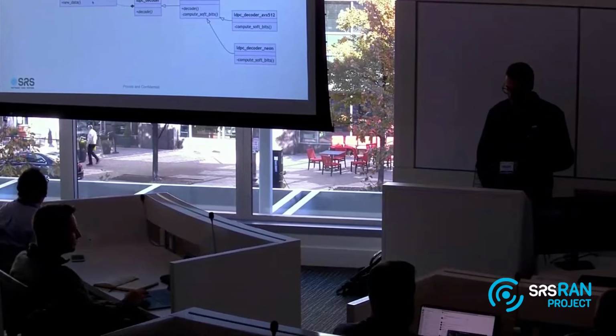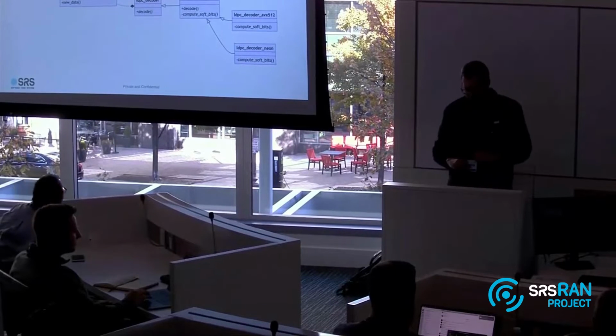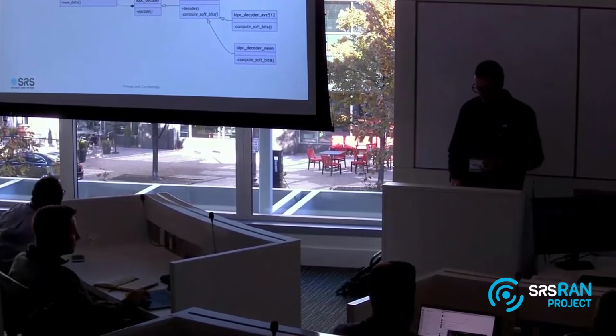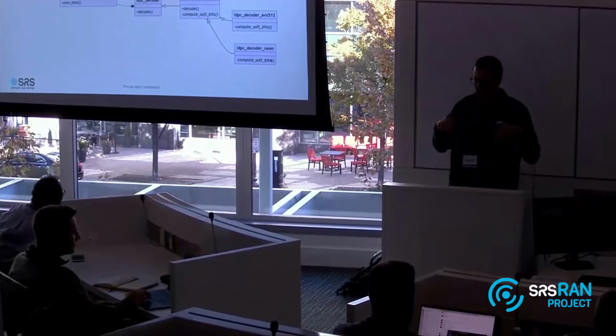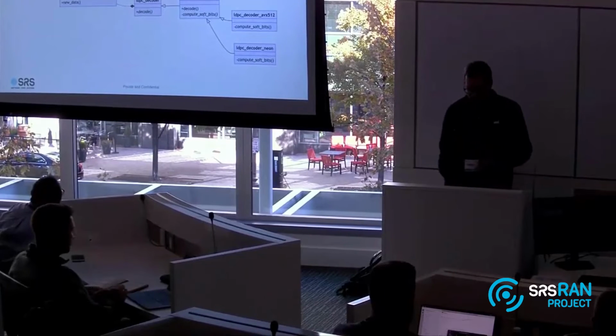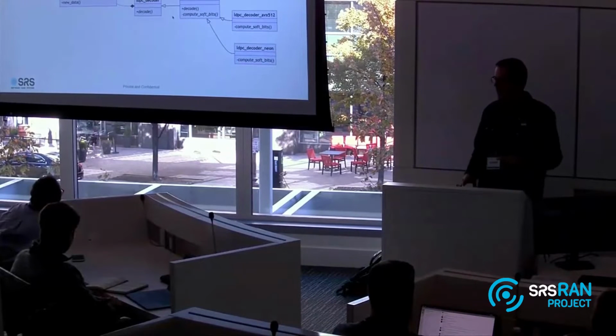Say that you are happy with the whole DSP chain of the PUSCH decoder, and you just have a better way of implementing, let's say, the NEON implementation of the LDPC decoder. Then you just need to replace this block. But for the rest, you don't need to change anything, and everything will work, compile and run correctly.